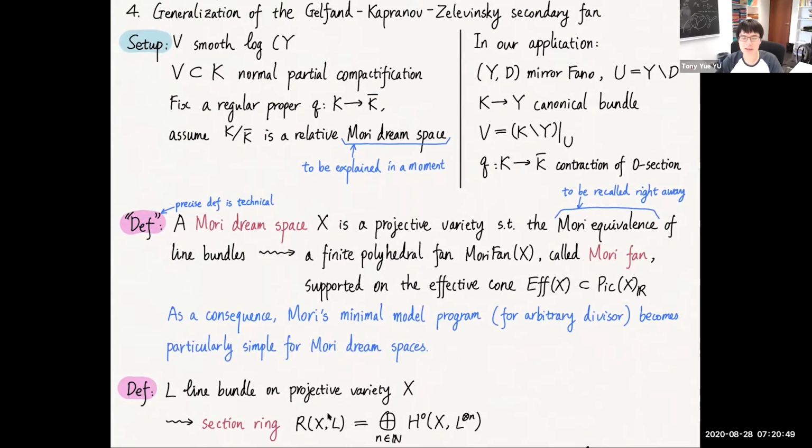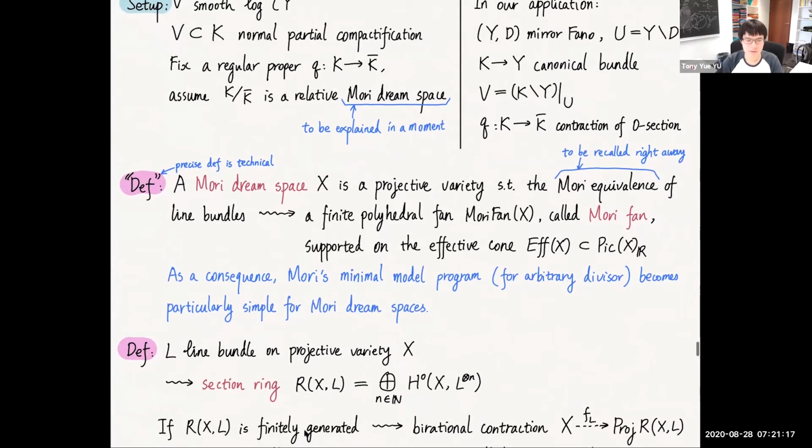Now let me explain what is the notion of Mori equivalence for line bundles. For L any line bundle on the projective variety X, we consider the associated section ring R(X, L), which is by definition the direct sum of sections of tensor powers of L. If the section ring is finitely generated, it gives rise to a birational contraction from X to the Proj of the section ring.